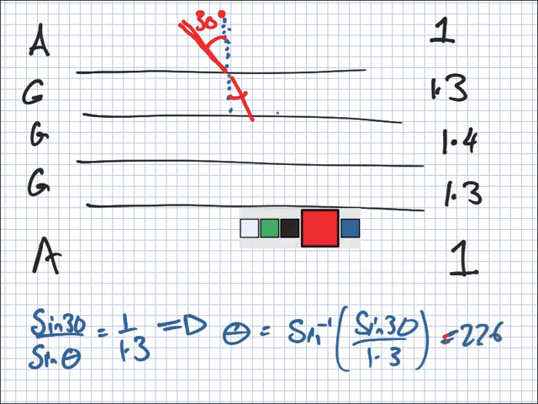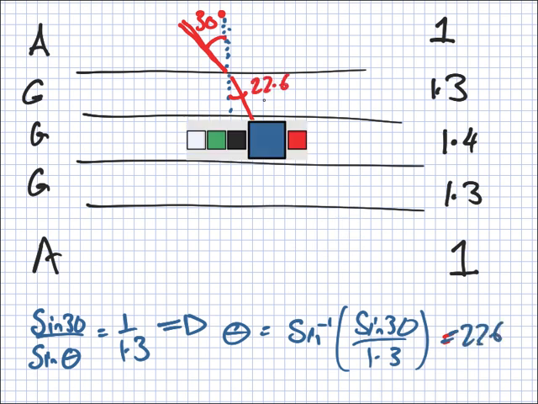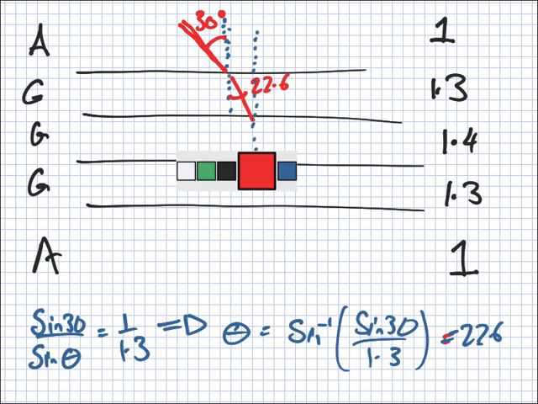Okay. So this angle here is 22.6. So if I draw another normal, this angle here, that's the same, isn't it? Yeah, it's also 22.6. This angle here is the same as this one here. My picture's quite small, I'm sorry.